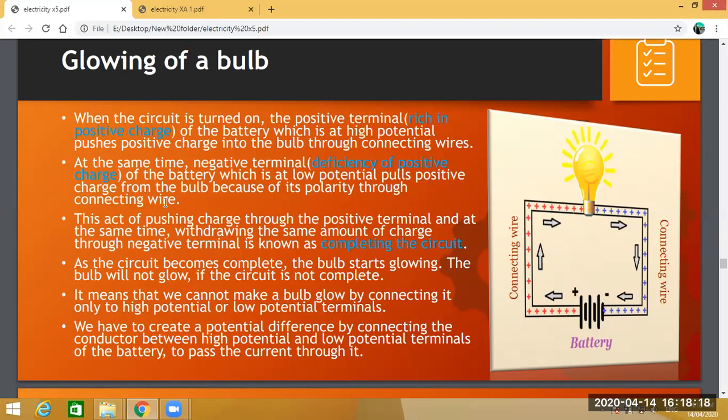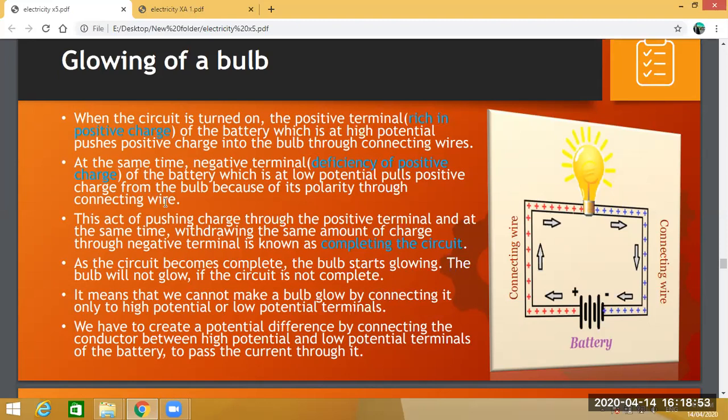Although there will be electrical energy in the form of electric potential, we can't have kinetic energy in the electron, because the kinetic energy of electrons itself constitutes electric current. So if the circuit is broken, there might be electrical energy, but it cannot be converted into electric current.